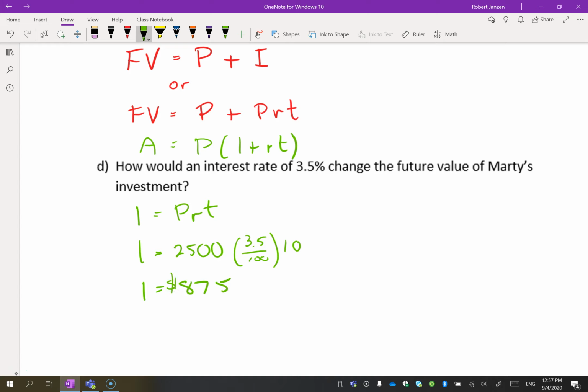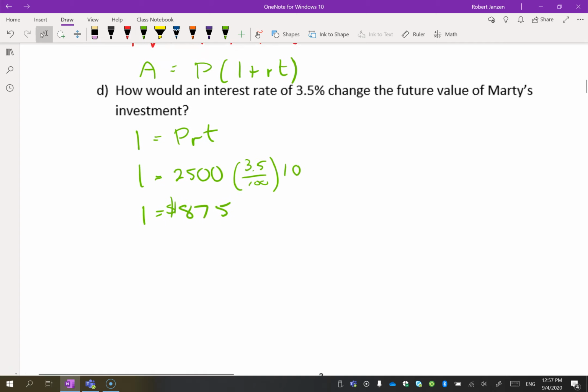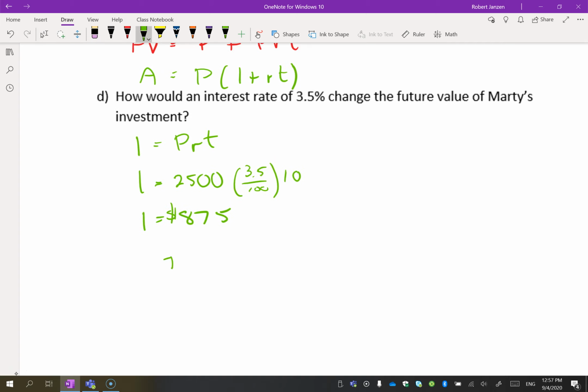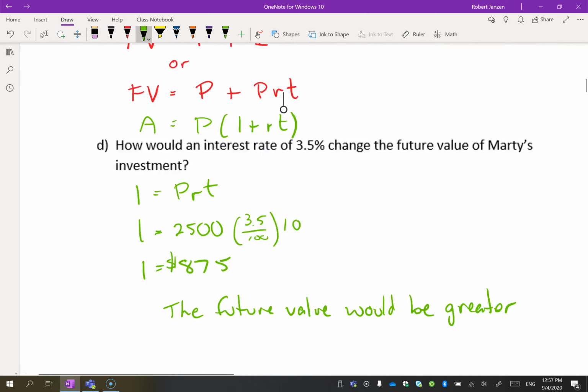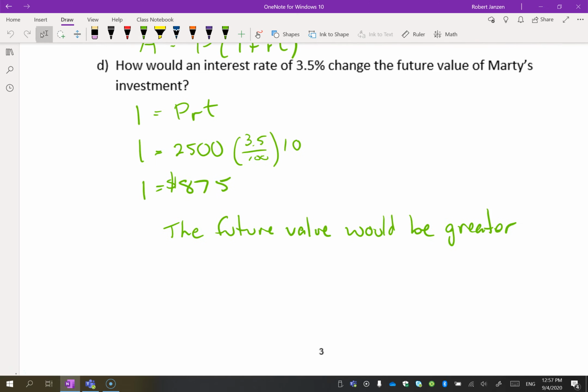So if it asks us how would the interest rate of 3.5 change it, well, the future value would be greater. How much greater? Well, 875 is how much bigger than 625? It's $250. So it'll be $250 more.